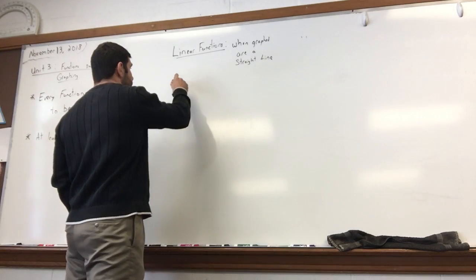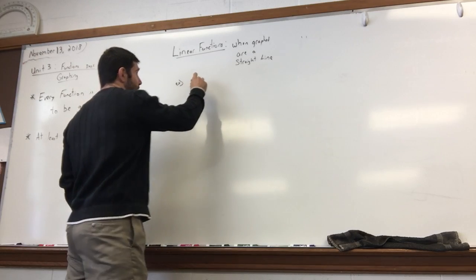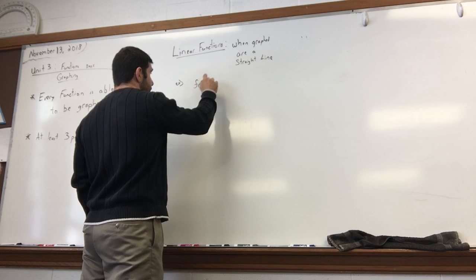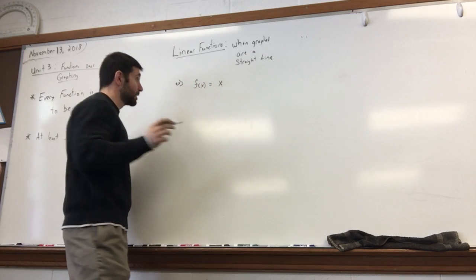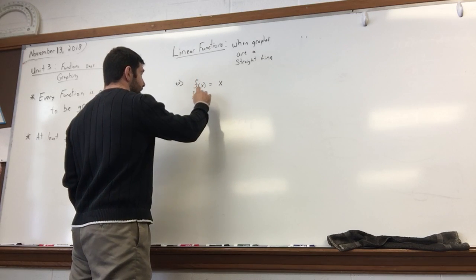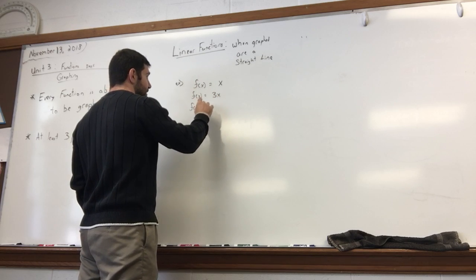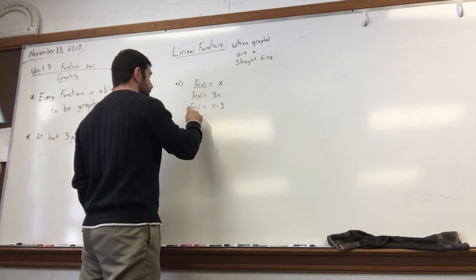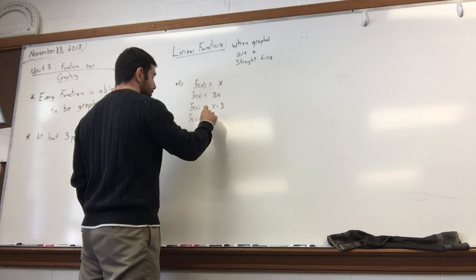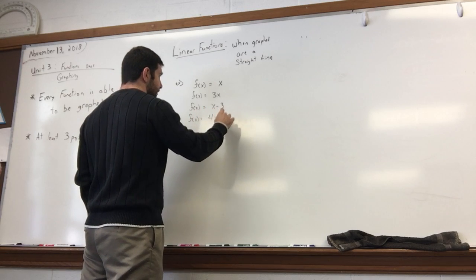And yesterday I gave you a bunch of examples. I said, okay, f of x equals x. That's a linear function. F of x equals 3x, linear function. F of x equals x minus 3, linear function. F of x equals 4x plus 7.